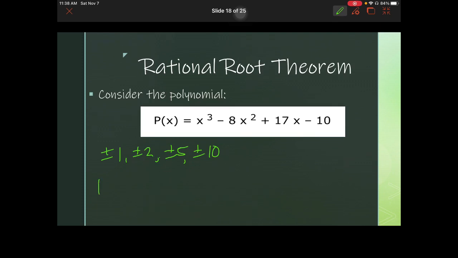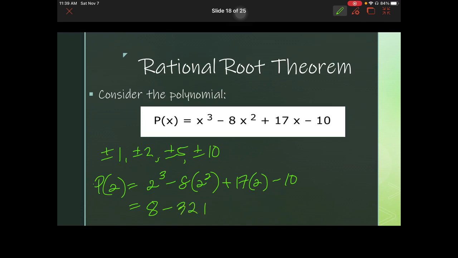Okay? So, if we are going to use positive 2, you will get 2 cubed minus 8 times 2 squared, plus 17 times 2 minus 10. This will become 8 minus, 2 squared ay 4, 4 times 8 is 32, plus 17 times 2.